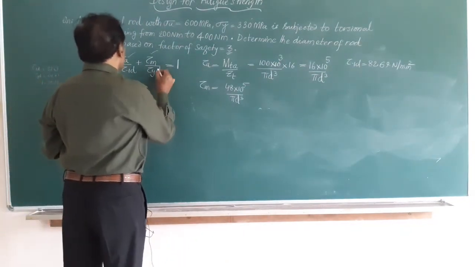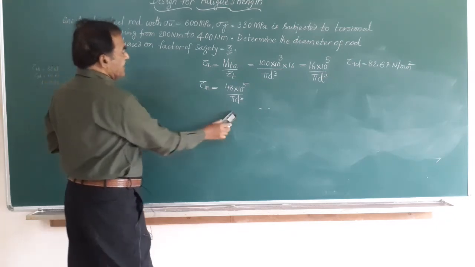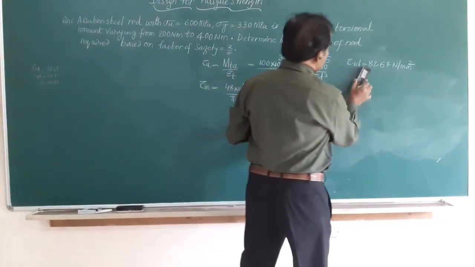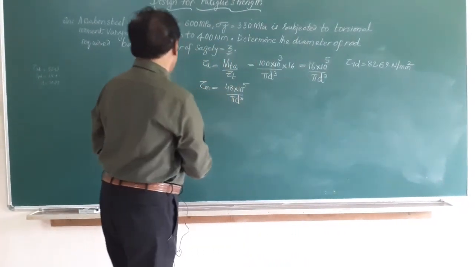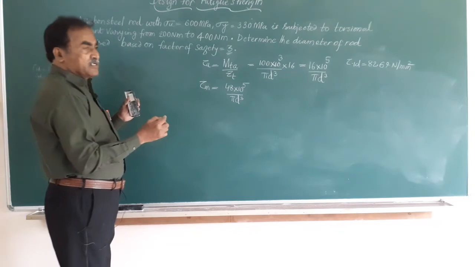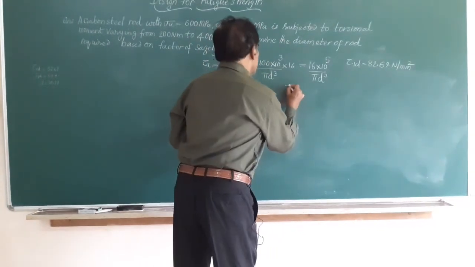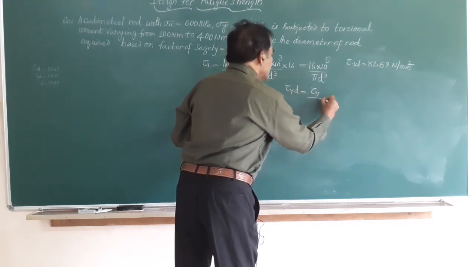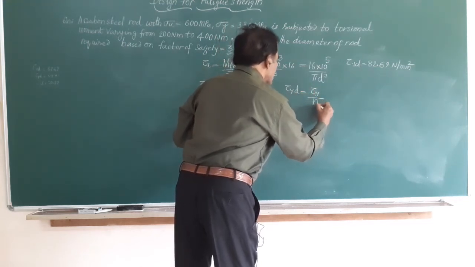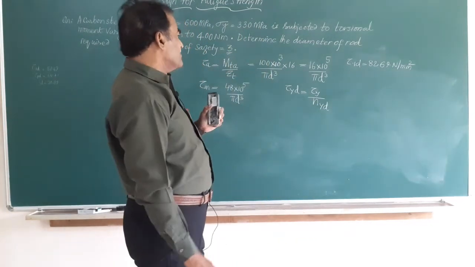Finally, friends, you are left with the calculation of tau yd. So, once you have the value of tau yd, you can make the substitution and evaluate what is the value of d required. So, friends, tau yd is given by the formula tau y, the yield shear stress, divided by factor of safety, that is the design factor of safety.